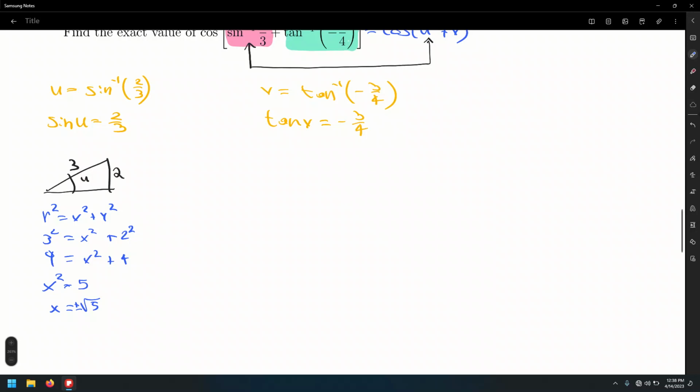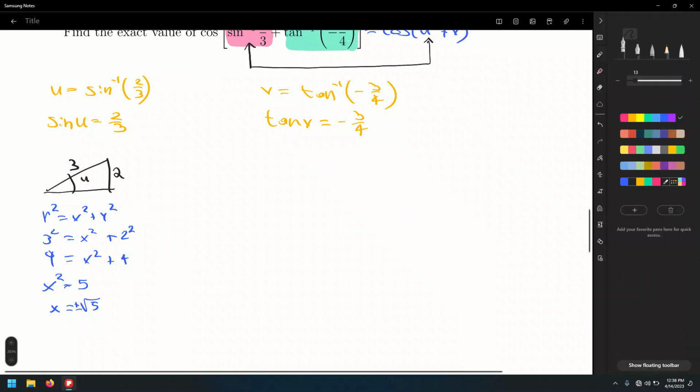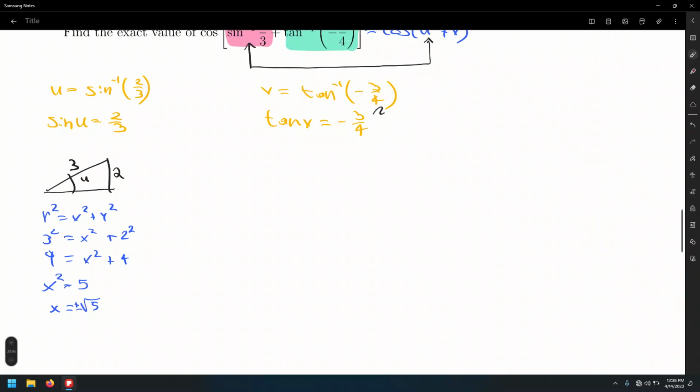Now, it's going to be a little different for the triangle we're going to do over here. In this case, let me do another triangle that is opposite over adjacent, because that's the SOHCAHTOA definition for the tangent function. In this case, one of them is negative and the other one is positive. We have a couple of possibilities: give y the negative sign and x the positive, or vice versa.